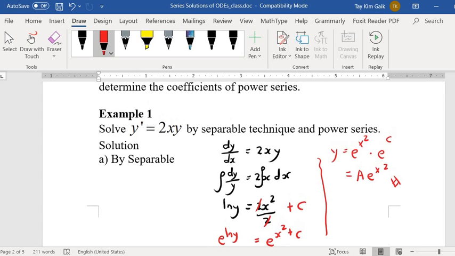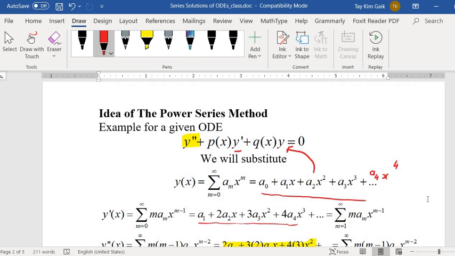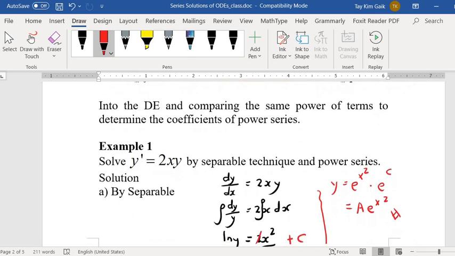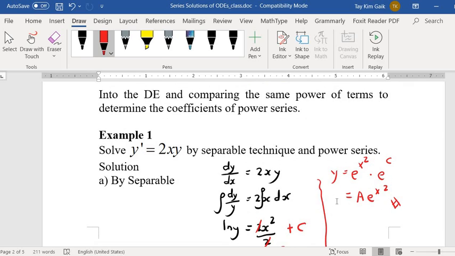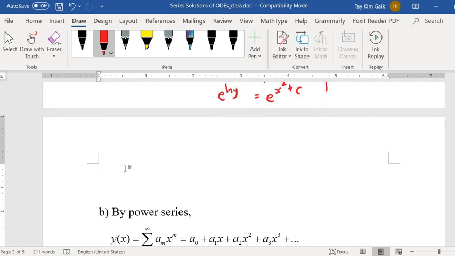If you solve it using the power series method, your constant A will be in terms of a naught. Let's check whether you can get back the same solution as what you obtain using the separable technique.